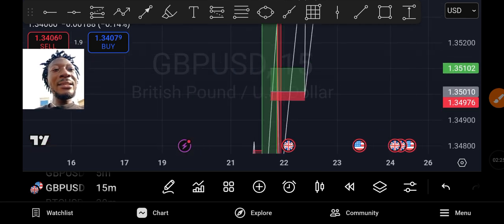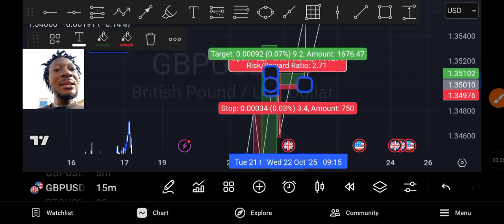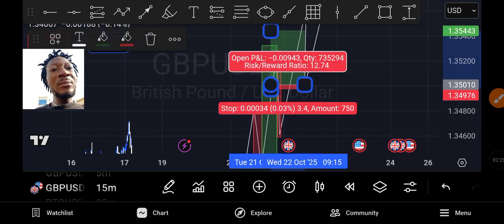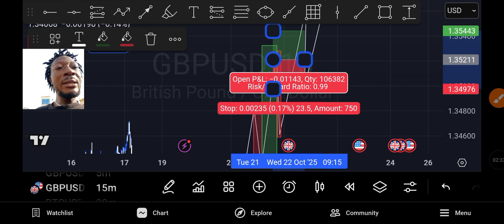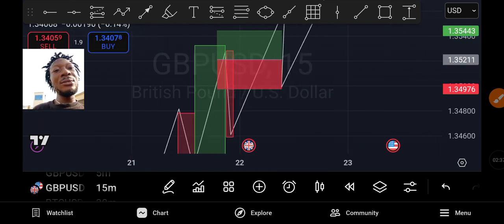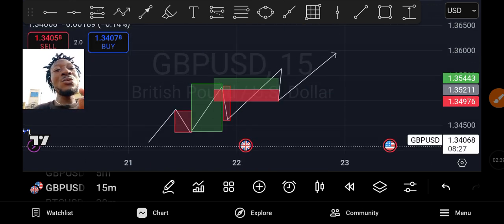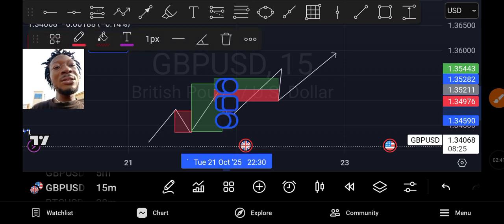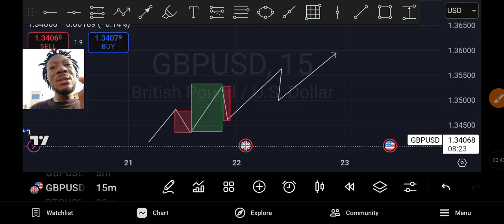Let's say you catch it here and you're hoping to continue with the trend. Price just moves a little and goes back against you, because it has to do a pullback before it continues. So the question is, how do you get good entries?